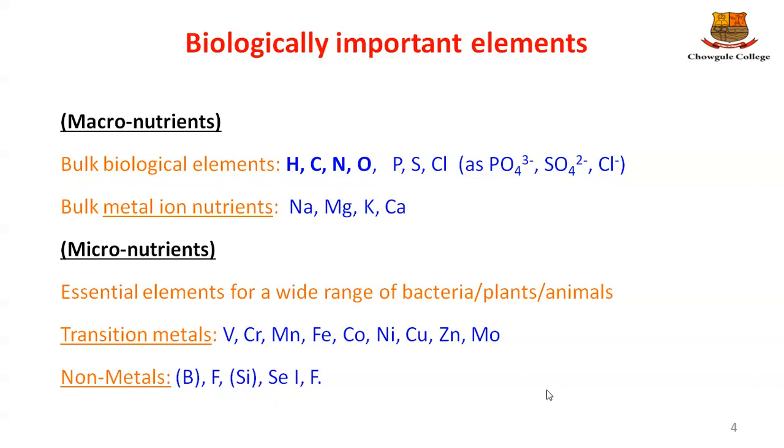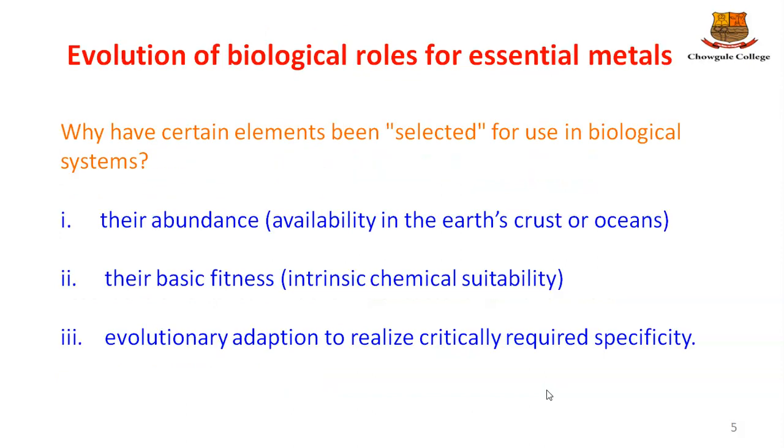They are required for the proper functioning in the biological system, but the amount that is required is in trace amounts or in very small amounts. Besides these, there are also non-metals like boron, fluorine, silicon, selenium, and iodine, which come under this category of micronutrients.